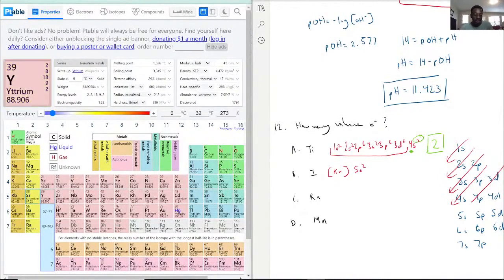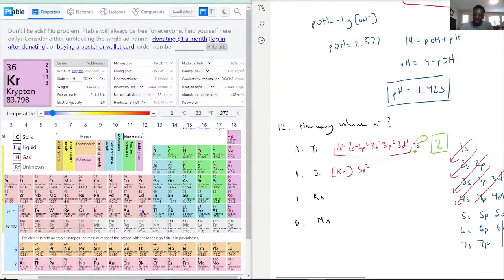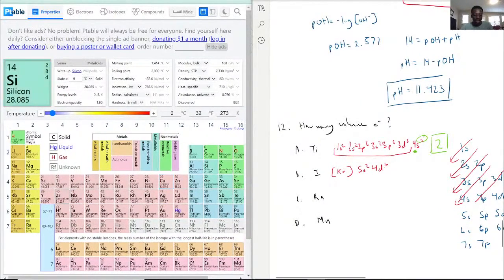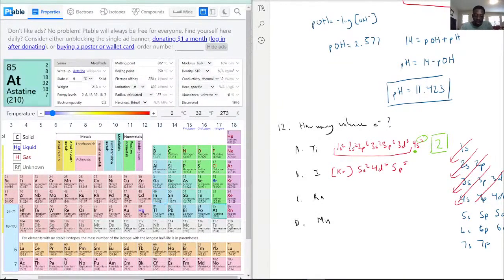And then to pass this whole d orbital, as you can see in the chart I showed you, it will be 4d10. And so that's 4d10, but iodine is all the way over here, so now we're back to the 5th number, so that'll be 5p5, because it stops on the 5th one.